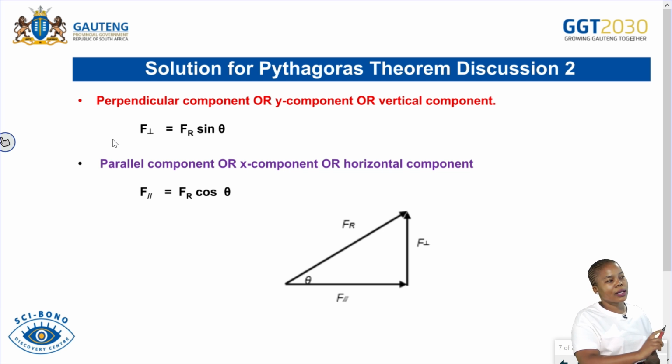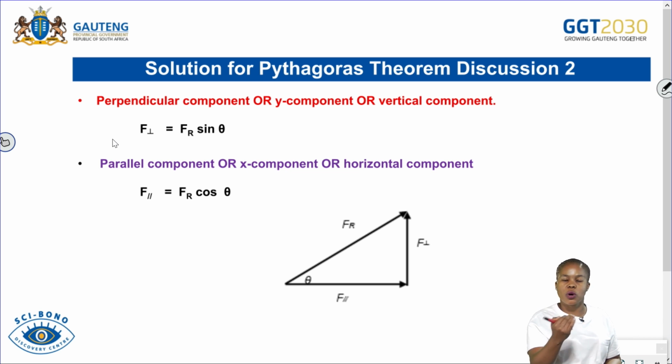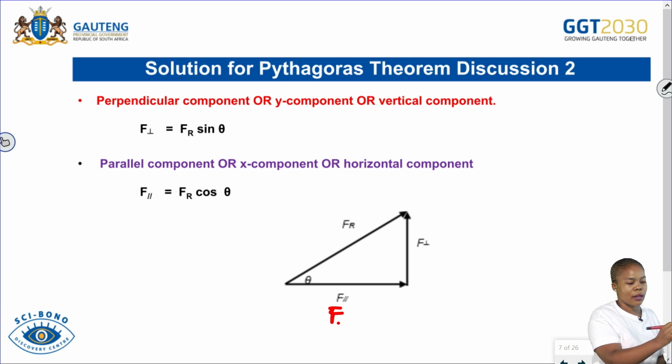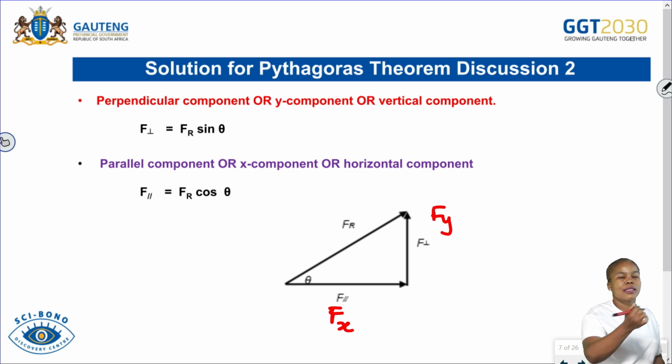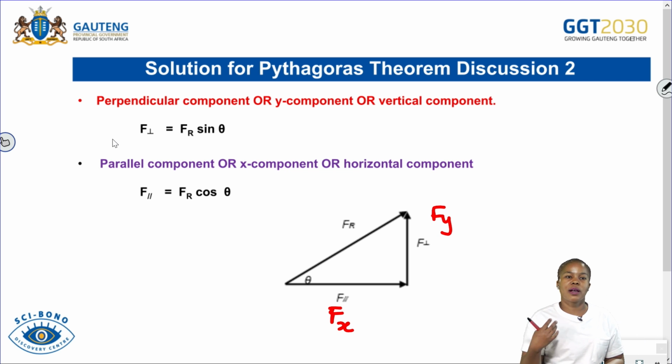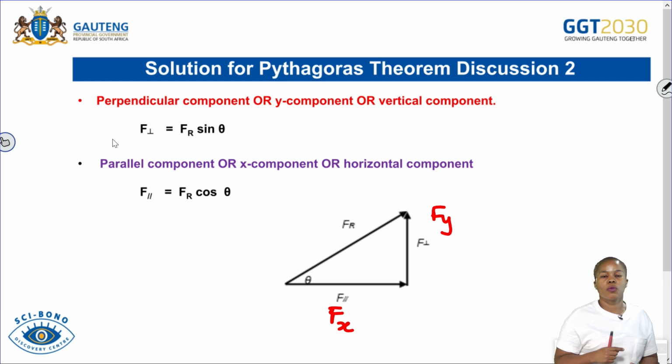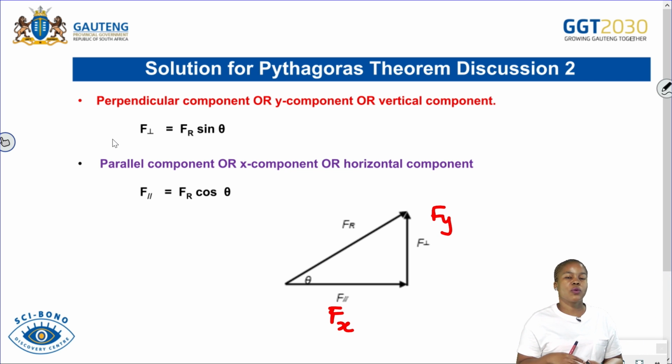So this is your Fy, which is your F perpendicular, and this is your F parallel, which is your Fx, because it's on the horizontal. These are the components that we are trying to calculate from the Fr, which is the force that will be given to you so that you are able to resolve it.